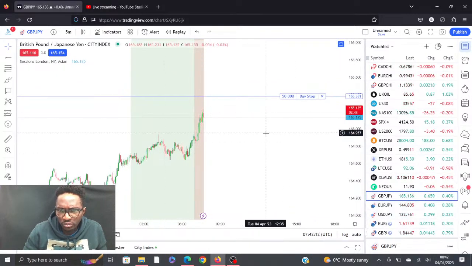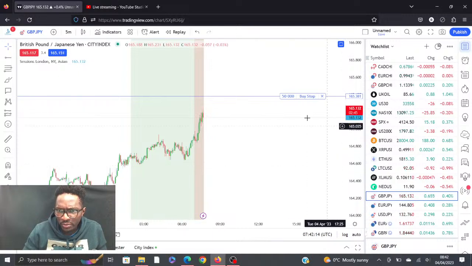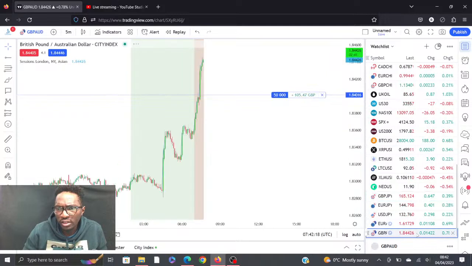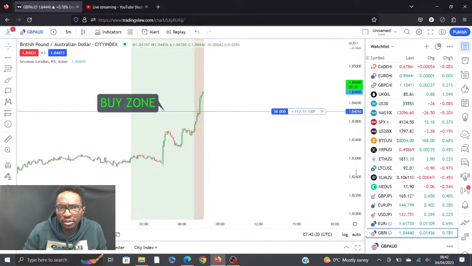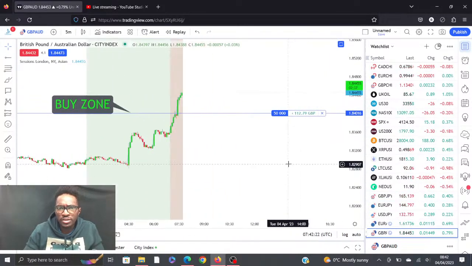So I've got an entry placed at around 165.38. Let's go back to the pound Aussie. That's the only one so far that's giving off a profit of around 50 pips now. But there could be a retracement coming soon. The market could retrace, which is good.